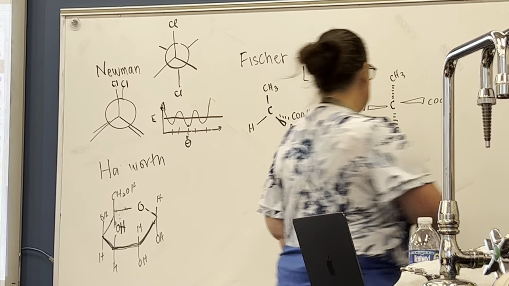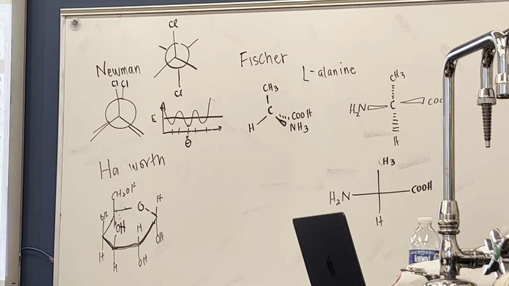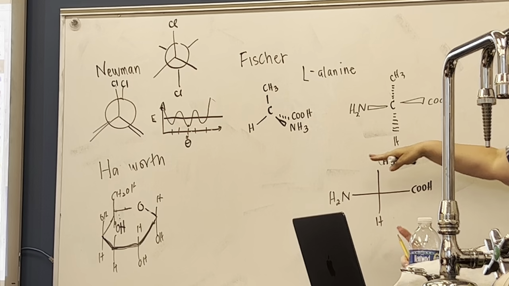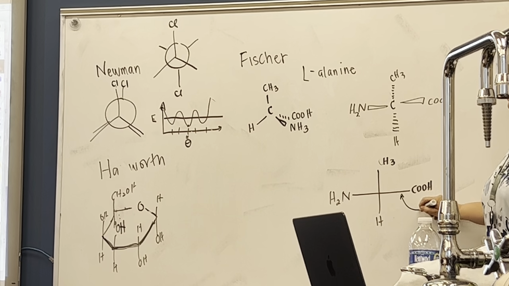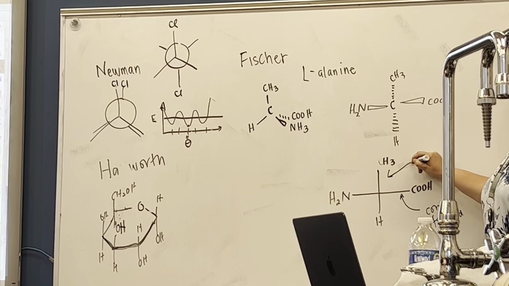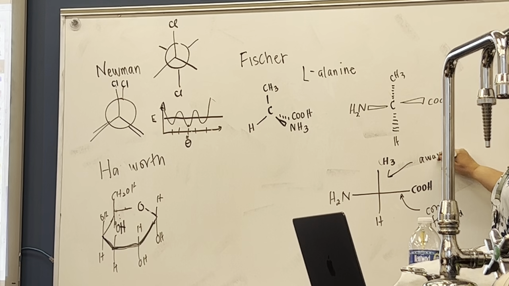Okay, so what do you notice about this Fischer projection? What do I not put at the center? I have to draw it as a Swiss cross, same length, and I have to put the four things on it. But what this conveys is that these are coming towards you and that this is going away from you.